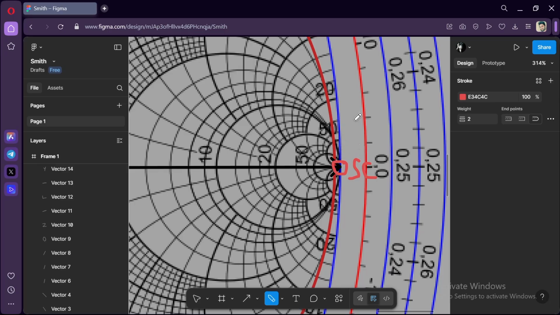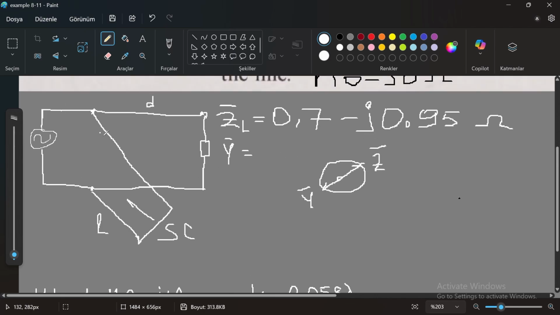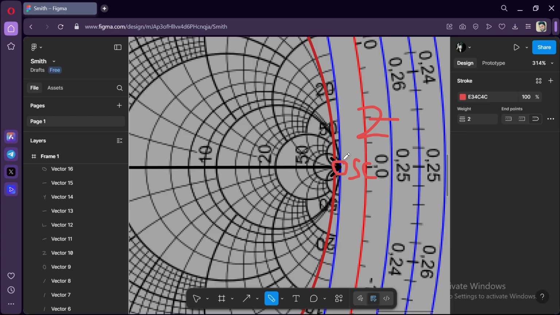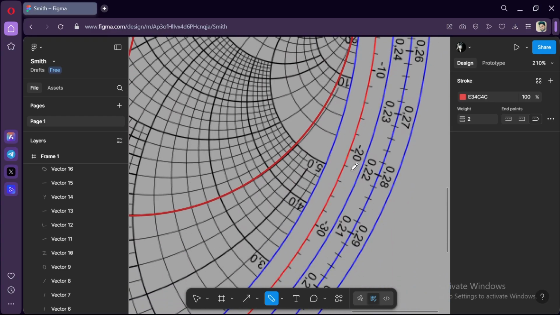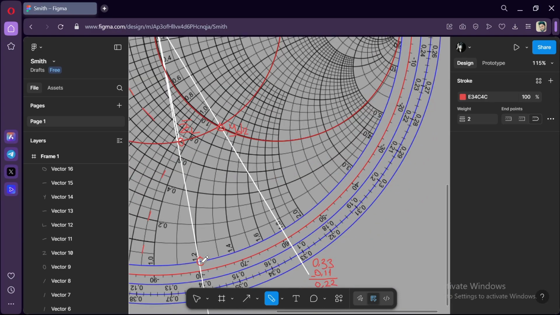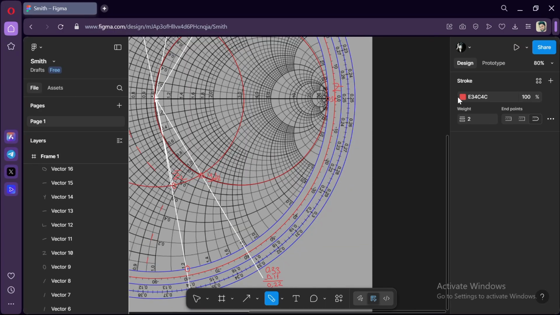Normally this was open circuit if we were using the impedance. But since we are using admittance, this is the short circuit, because the stub is connected in parallel. So we need to travel from here to the imaginary values, this 1.2 and here.